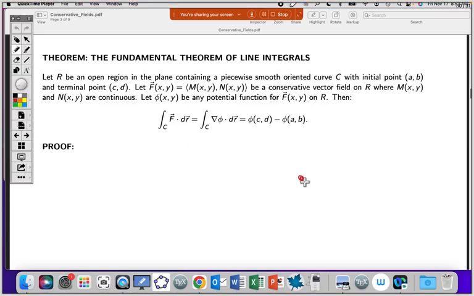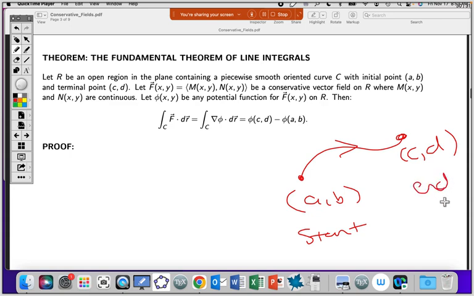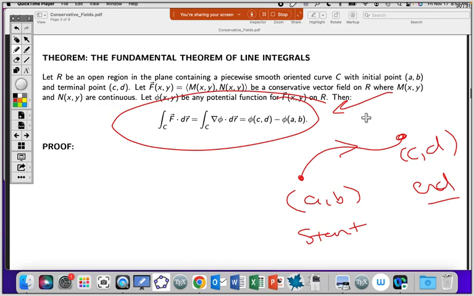So here the curve C starts at the point (a,b) and ends at the point (c,d). And it is directional. So you have to start here. This is your start point, and that's your end point, and that's it. Now, by golly, doesn't that look familiar to you? Have you seen this kind of thing before? What's the integral from a to b of f prime of t dt? Well, what's an antiderivative of f prime?